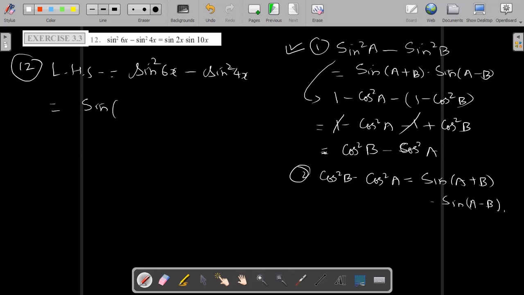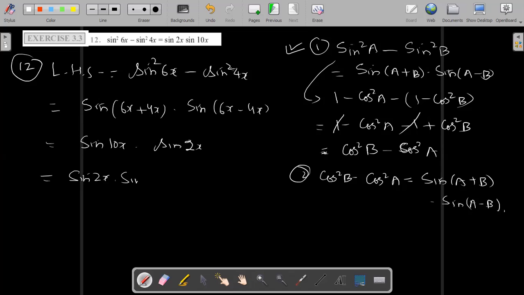Sine(a plus b), sine(6x plus 4x) into sine(a minus b), sine(6x minus 4x). That's all. So sine 6x plus 4x is sine 10x, and sine 6x minus 4x is sine 2x. So that is the right hand side: sine 10x into sine 2x.